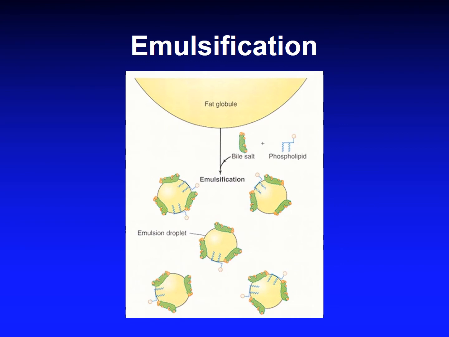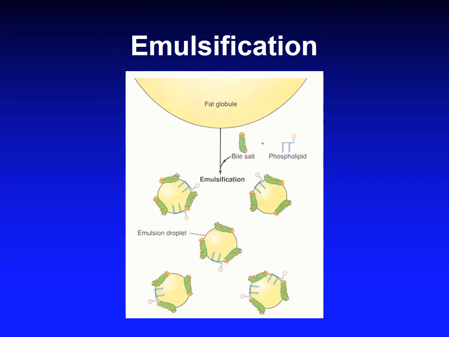Now here's the structure that we've seen attaching to fatty droplets in the lumen of the gastrointestinal tract. Once the bile salt attaches, of course, it's not going to be one bile salt by itself. It's going to be multiple bile salts coming with phospholipids, which is another component of bile. Also, we will talk about that in a second. This is in the lumen of the gut.